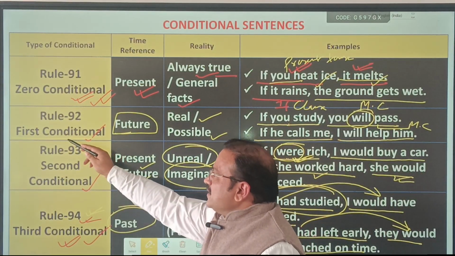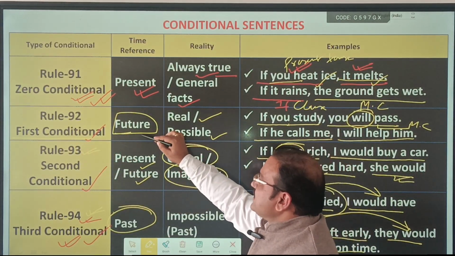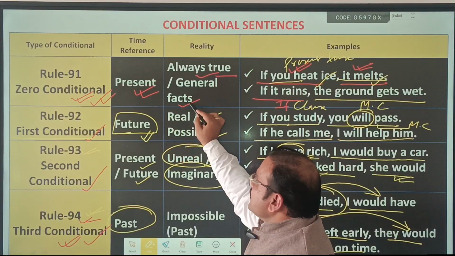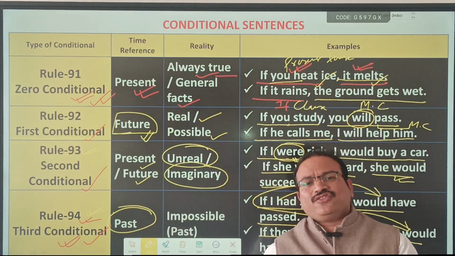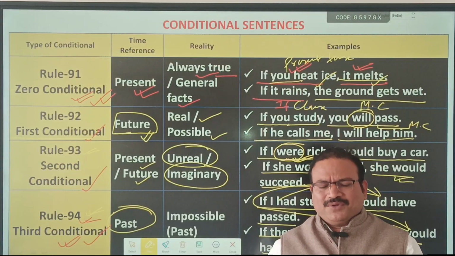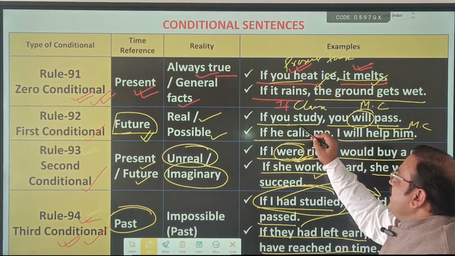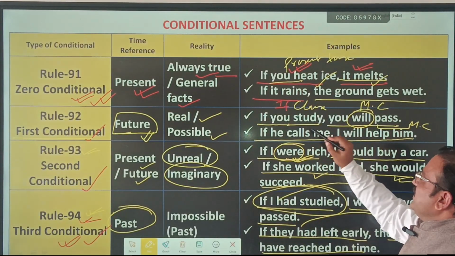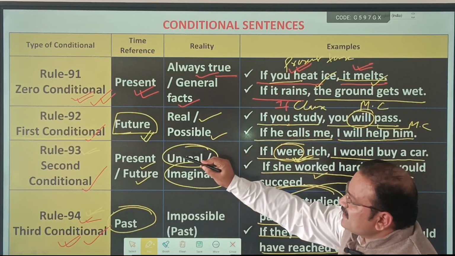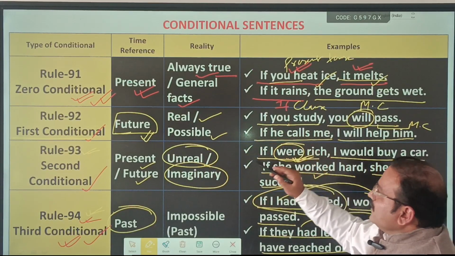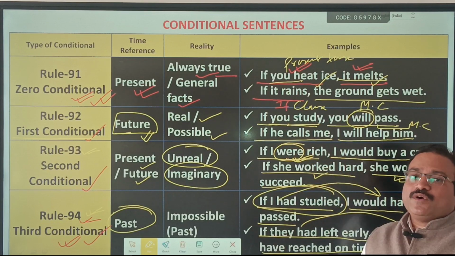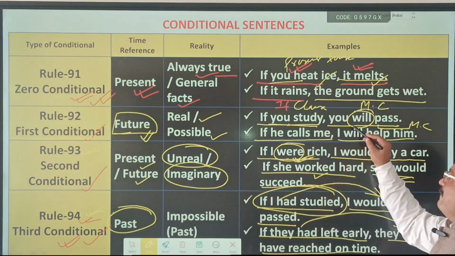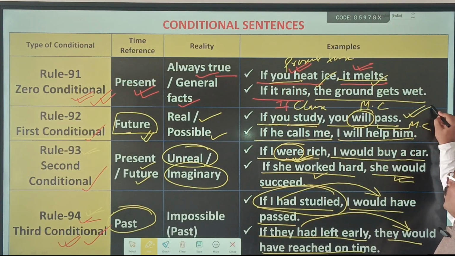Second one is first conditional sentence. It talks about future, some real and possible situation, like बारिश होती है तो मैं नहीं जाऊंगा. Possible है. So if you study, you will pass. In this type of sentence, first conditional, the first part, if clause will be in present tense and main clause will be in future tense.